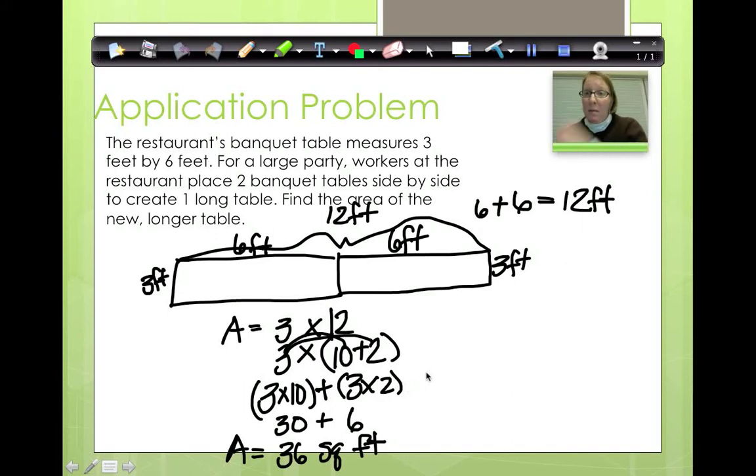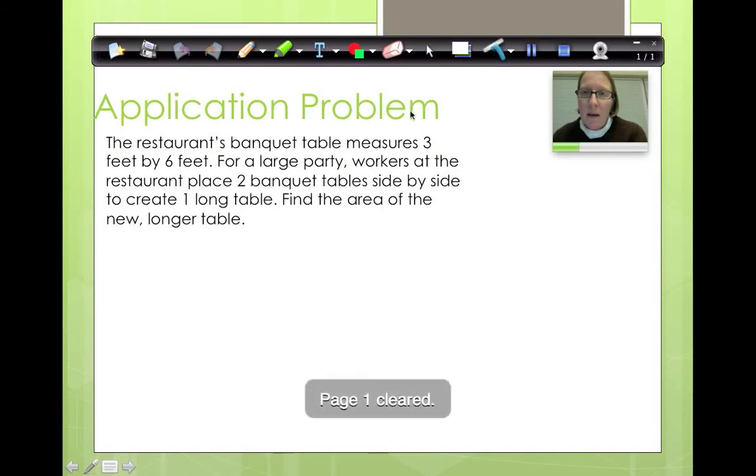Now for our next problems, we're going to be using this problem with the 2 tables. But before we do that, remember how lately I've been telling you that there's always another way to do it? Wonder if I could do it another way. Let's draw the picture again.